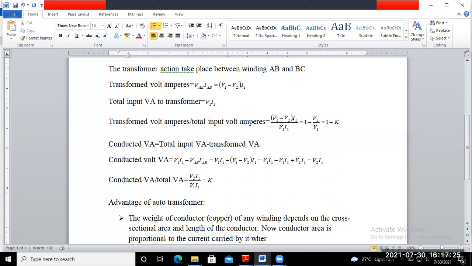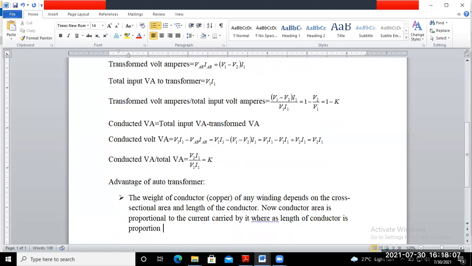Whereas the length of the conductor in a winding is proportional to the number of turns of the winding.